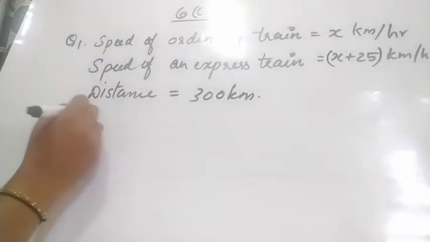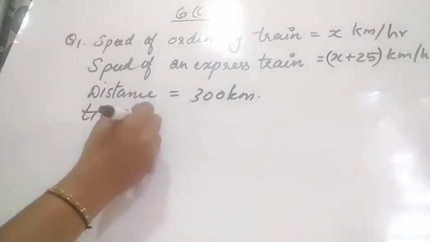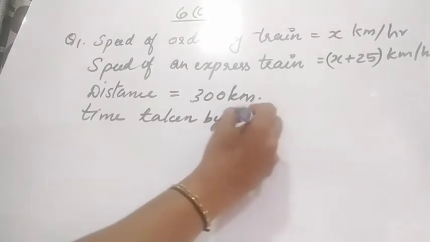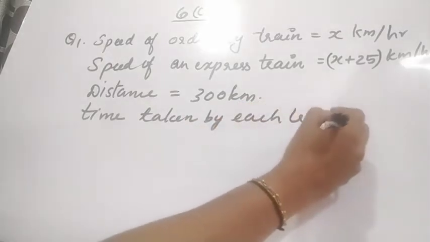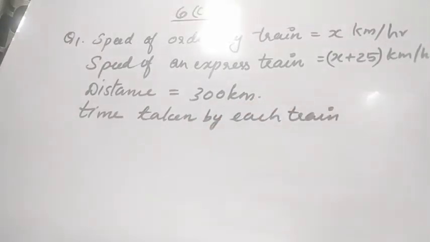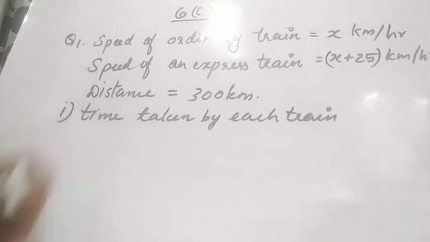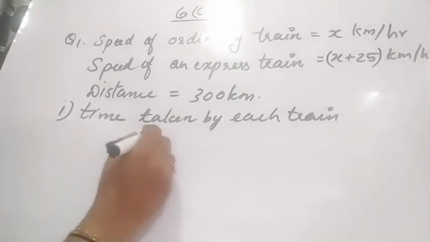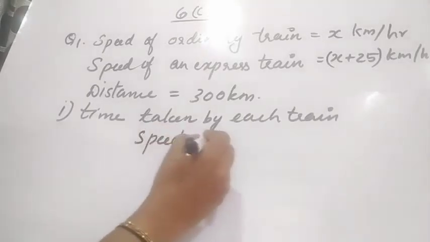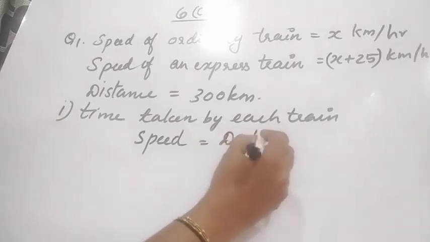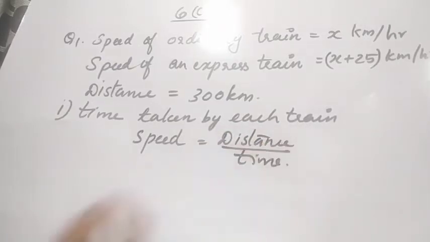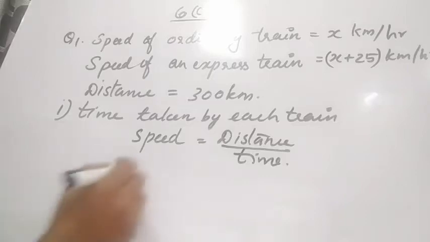Distance covered by each train is 300 km. You have to find the time taken by each train. How can we find the time taken? What is the relation between distance, time and speed? Yes, that you studied in smaller classes. Speed can be calculated by distance by time. And then how can we calculate time taken?